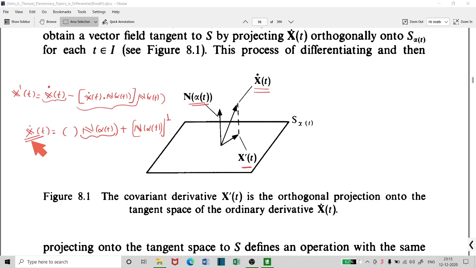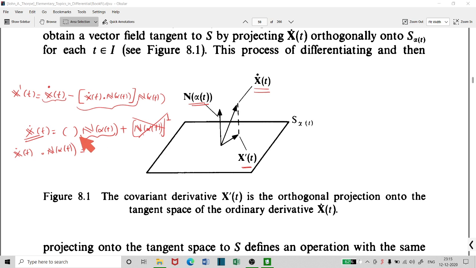Okay, when you consider the dot product X dot t dot n of alpha of t, by taking the dot product on the right side, you get that this term will be 0 because this vector is orthogonal to n of alpha of t. Then by taking the dot product of n of alpha of t with this quantity, that will be 0, and n of alpha of t dot n of alpha of t will give 1.